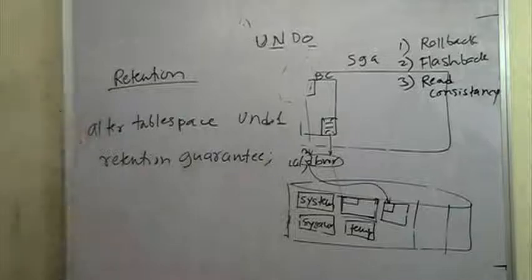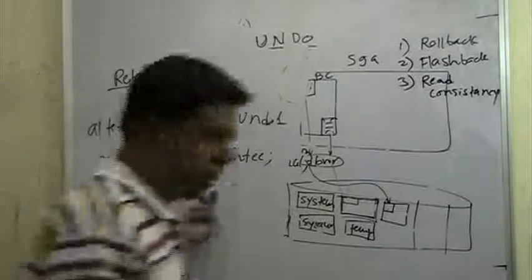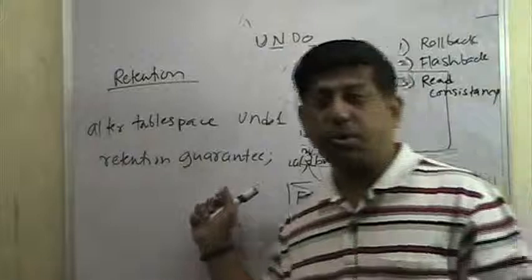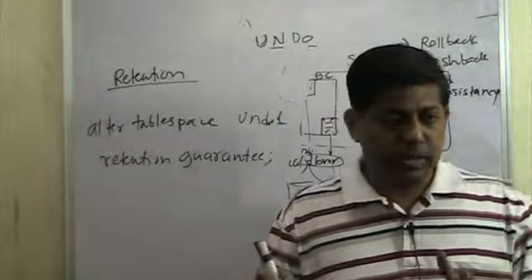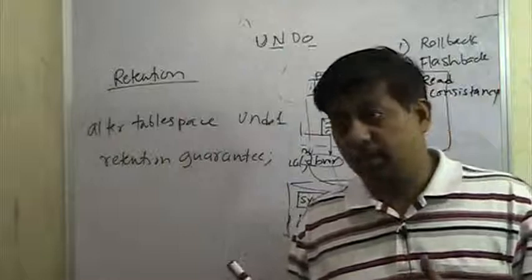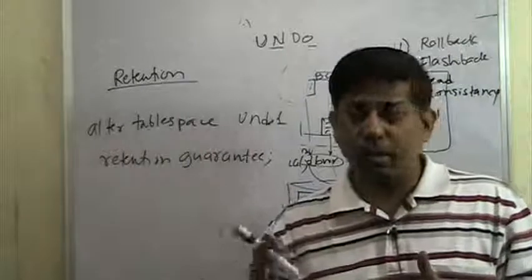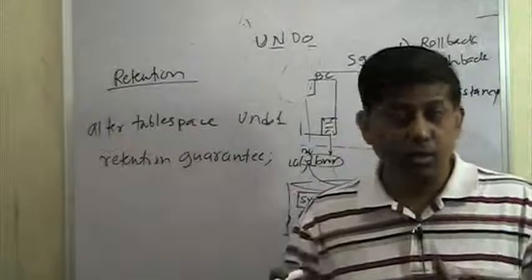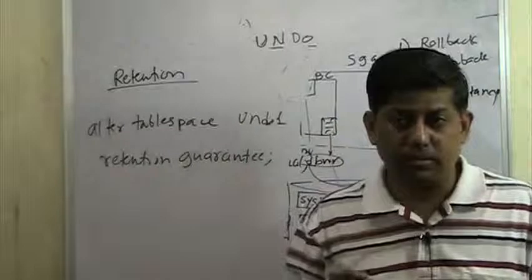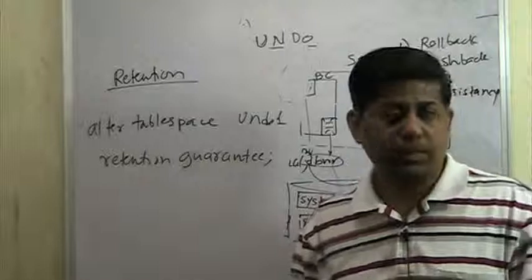This is the command that you will execute. From this point onward, if your undo retention parameter is set to 900 seconds, then no other transaction will overwrite the expired undos for 900 seconds.